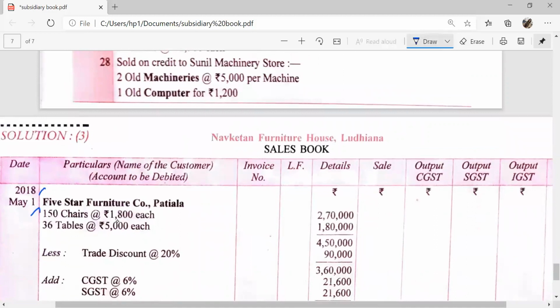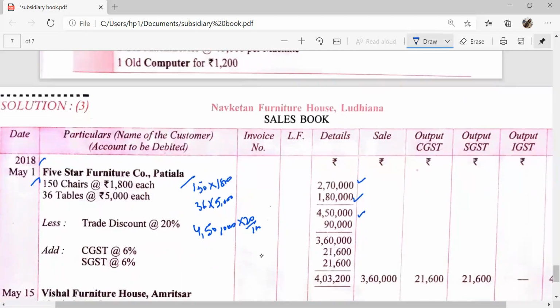2018 May 1, 5-star furniture company, Patiala, 150 chairs at rupees 1800 each, 150 into 1800, 2,70,000, 36 tables at the rate of rupees 5000 each, 36 into 5,000, 1,80,000, and total amount is 4,50,000. Discount is 20% on 4,50,000, that is 90,000, and after deducting the trade discount, the amount is 3,60,000.